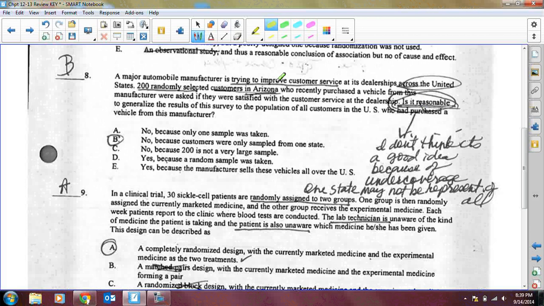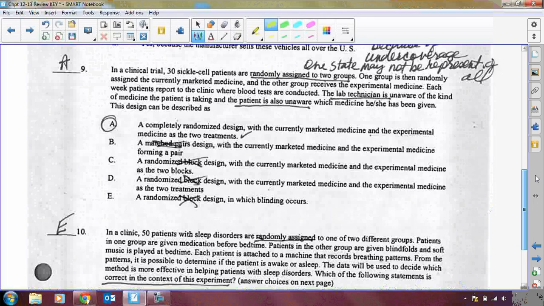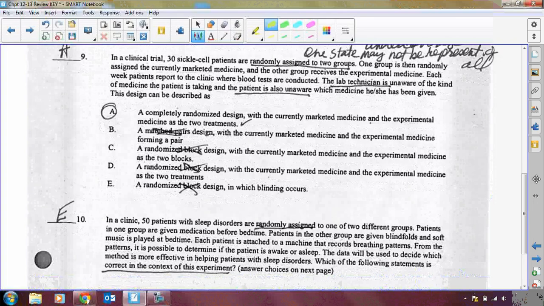I don't think that's reasonable because one state is not necessarily representative of all the states. So I think that is not a proper method of sampling because it's only coming from one state.